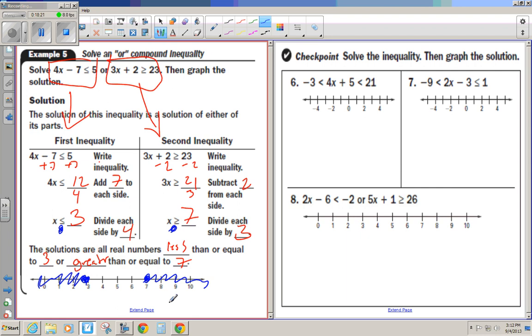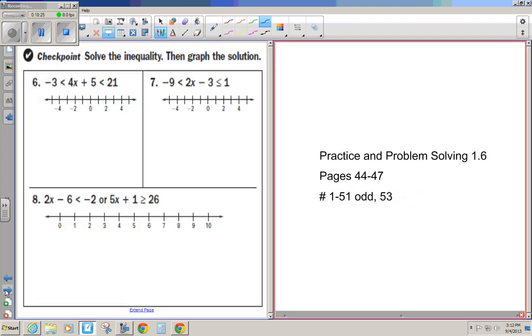All right, checkpoints. Checkpoints, and then we're done. All right, did a good job getting this one over with. So here, it's a compound one. Subtract 5 from every side of the inequality.